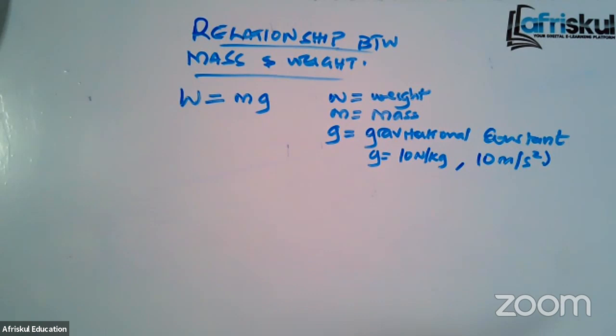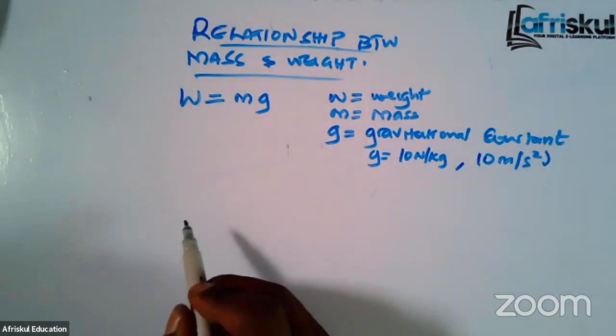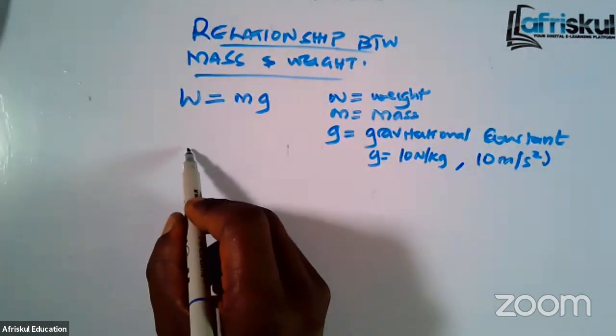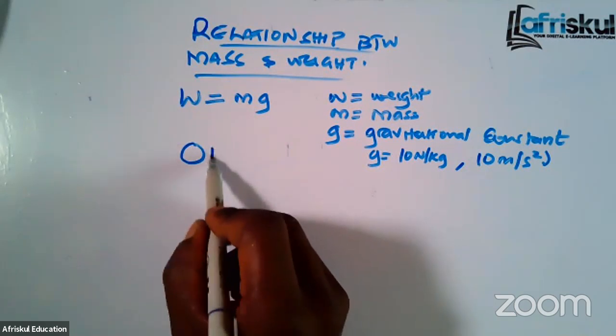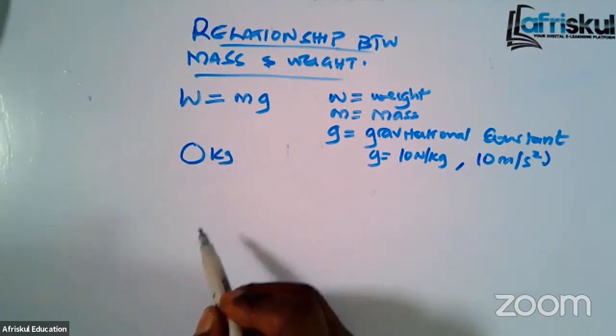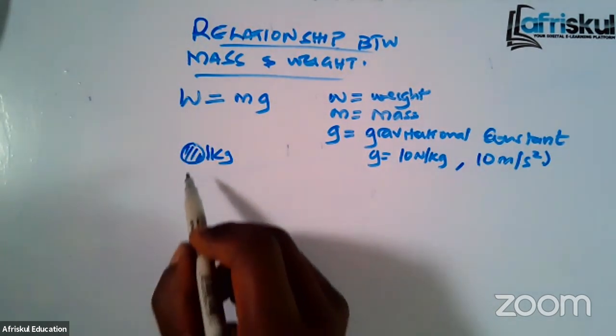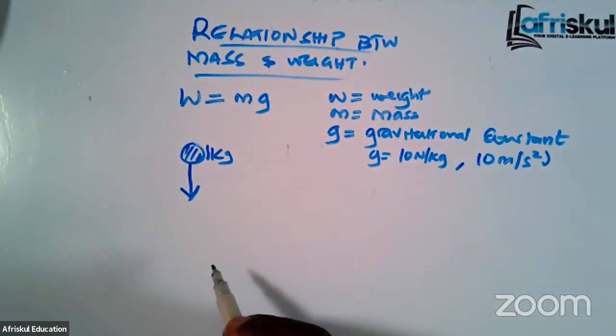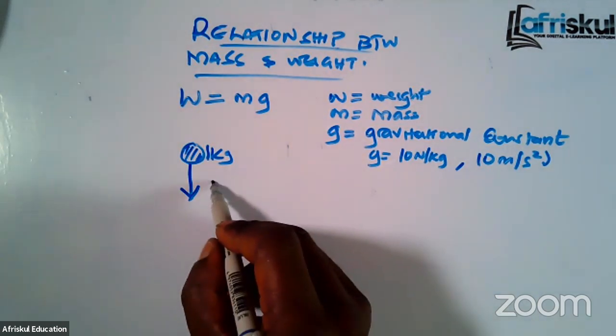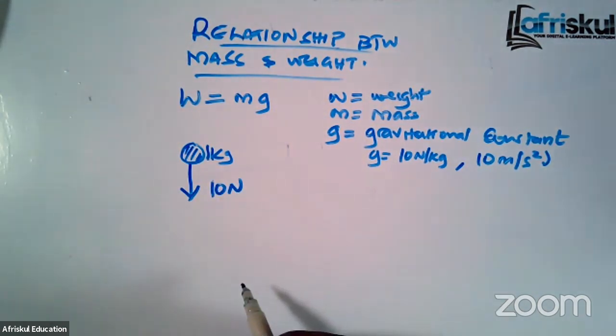So now, how do you use this relationship? What this relationship means on Earth, for every 1 kilogram of a mass, there is a pull on it on Earth, and that pull is equivalent to 10 newtons.